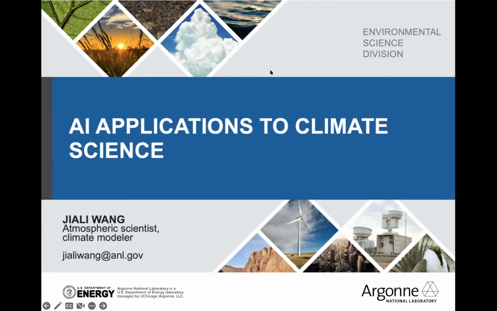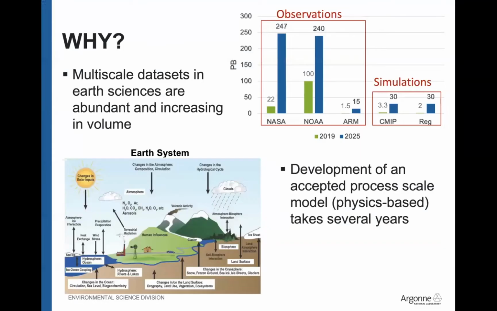If you're interested, join us in summers for projects. Today we are talking about AI applications to climate science, and in particular, I'll give a couple of examples about how we can use AI or machine learning in the climate modeling area.